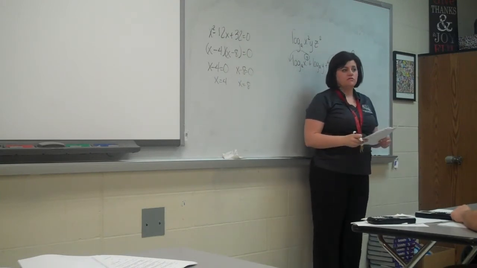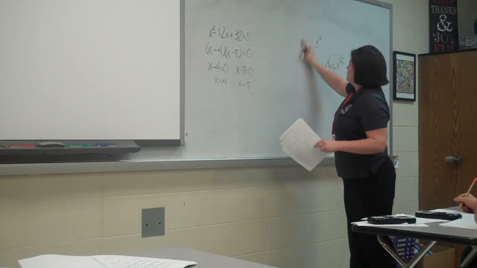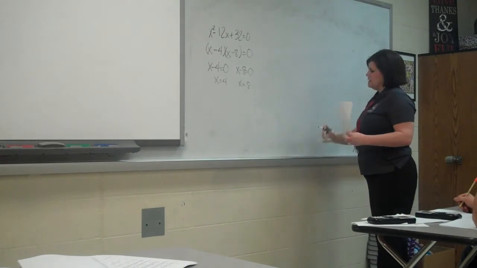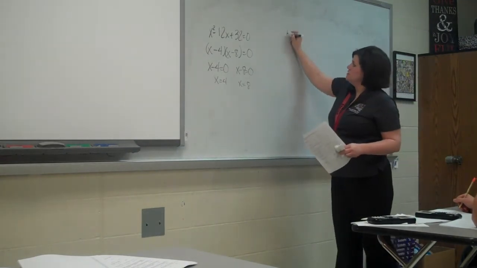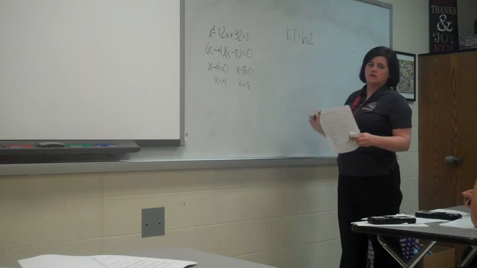Number 14 talks about doubling rate, and I'll give you this formula too. The doubling rate formula is K times T equals the natural log of 2.